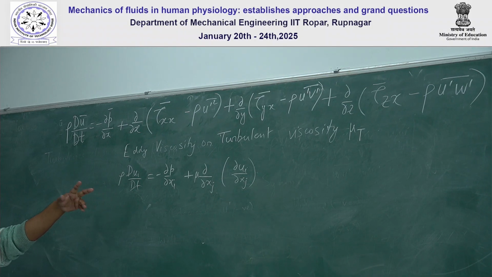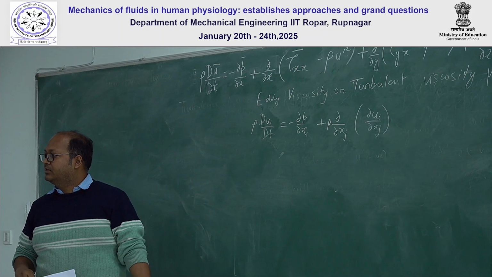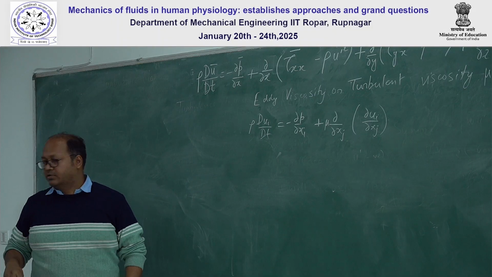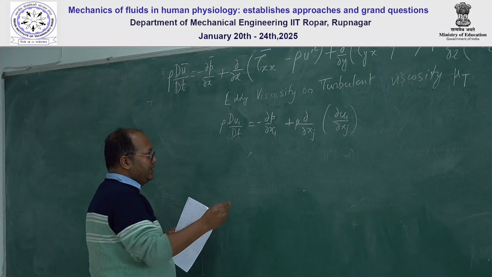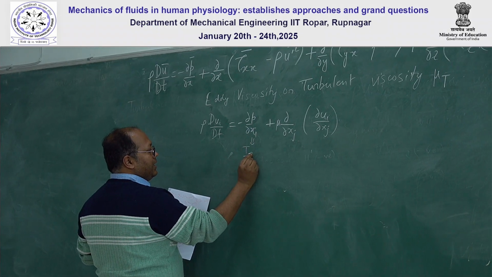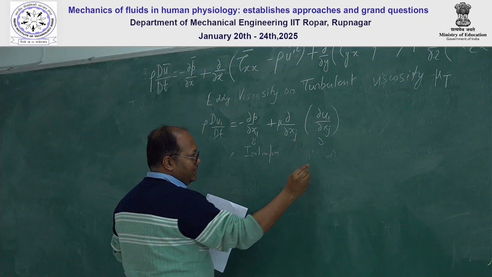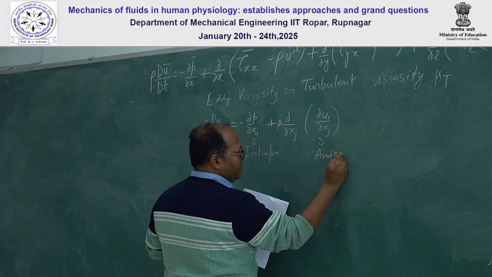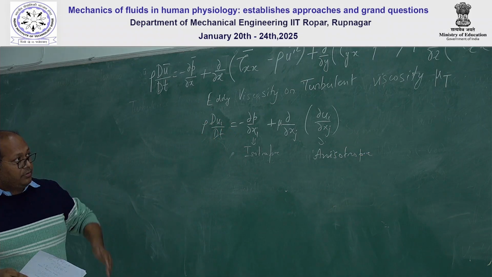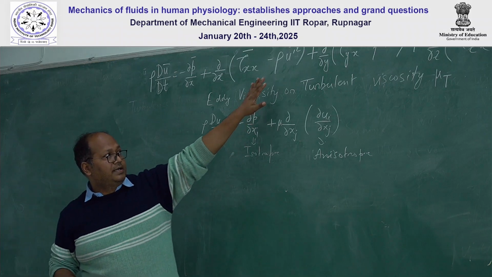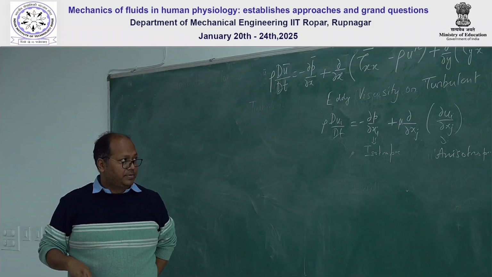So this part, everyone of you is acquainted with the index notation. Zubair, you have also done it in graduate studies, right? So the pressure we know is the isotropic part, and this part is the anisotropic part.